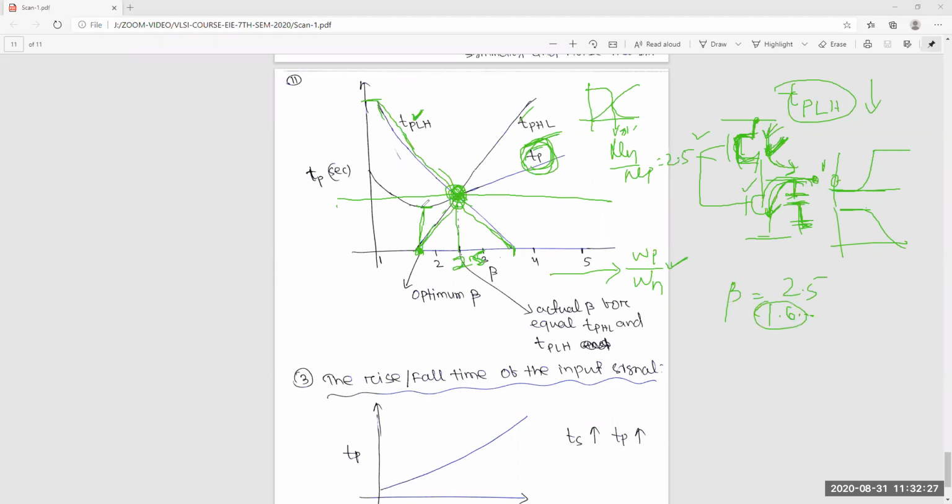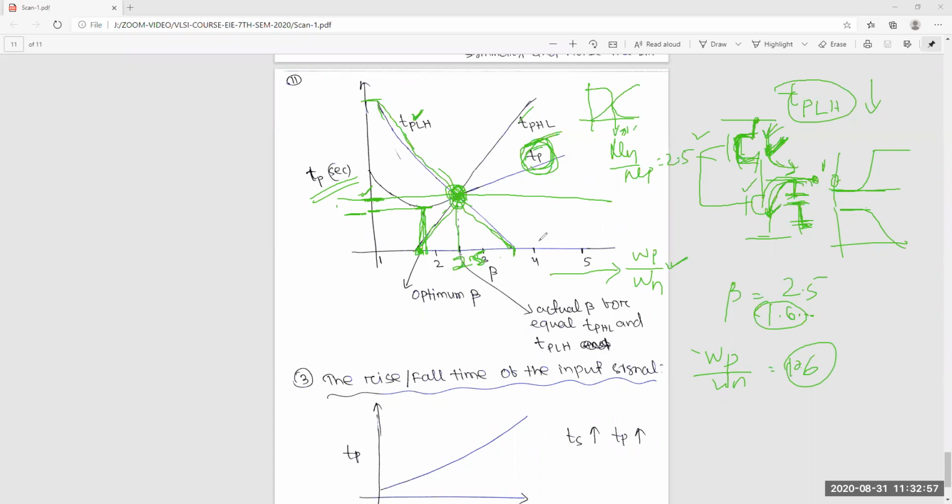Okay. So if you use beta, WP by WN, equal to 1.6, then you will get optimized TP. Means TP will be less at that point. Okay. So this is for a general calculation, but this is the optimized beta. Okay. So that's why it's a very interesting result, very tricky also.